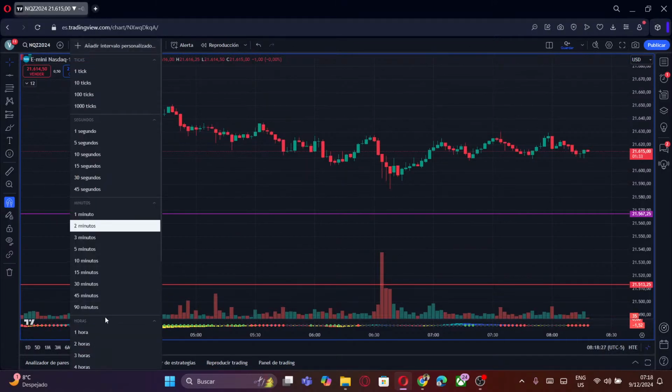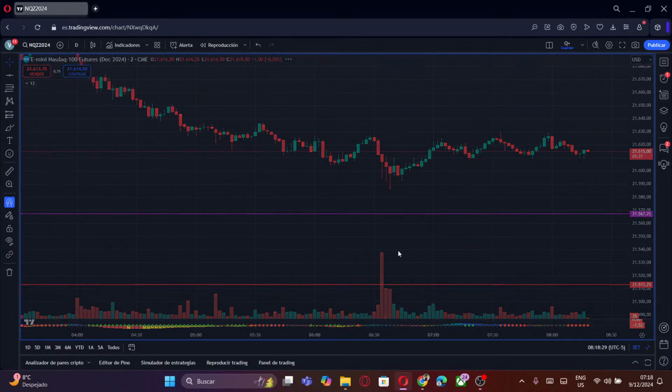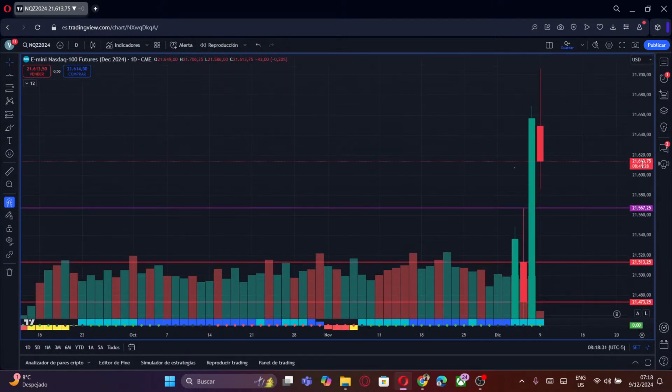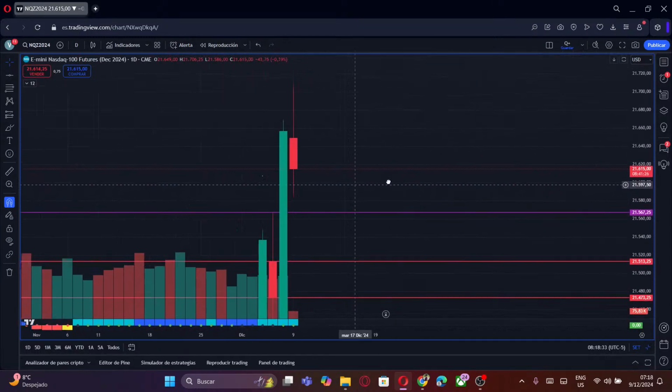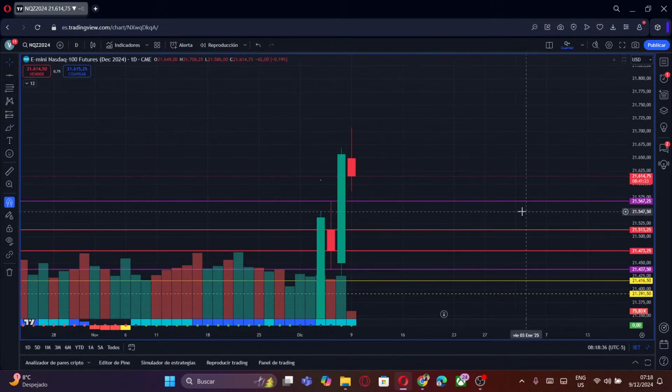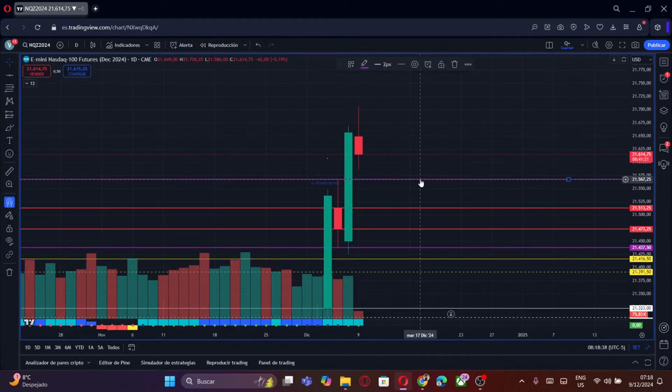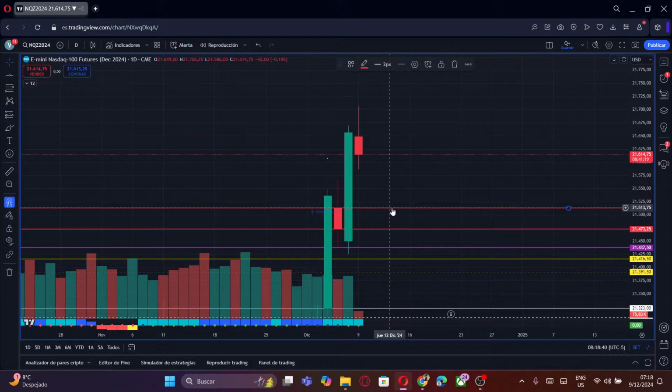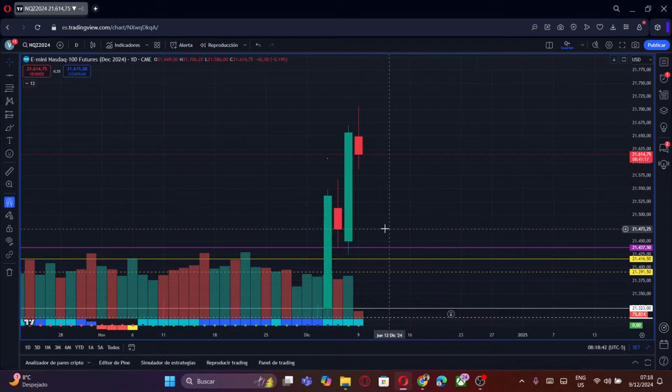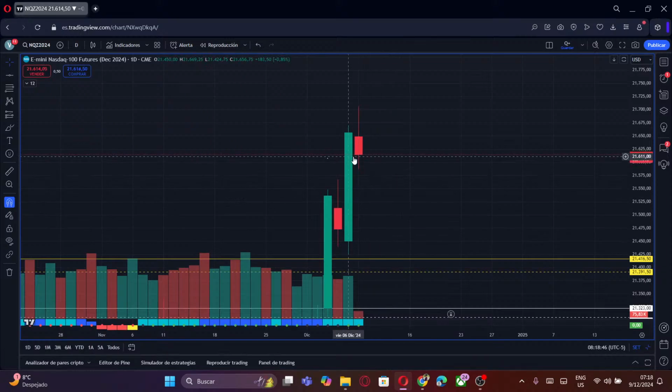I'm going to chart NQ starting on the daily. So this level is gone, it has been mitigated, gone, gone, and gone. This is a candle from Friday.